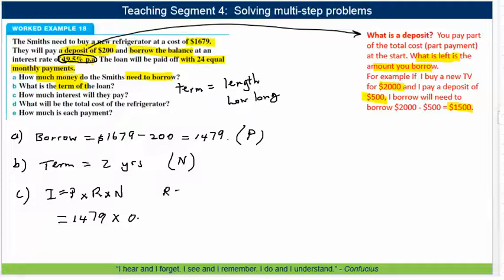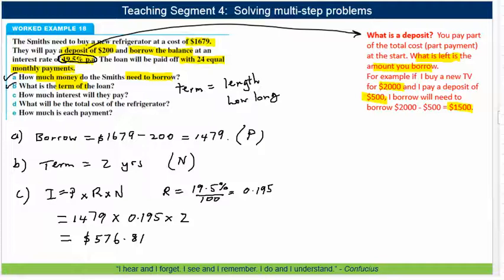So let me write that there. Should be 0.195. Then we times that by the number of years, 2. Then we go to our calculator to work that out. And there I get $576.81. So I'll just give it to the nearest cent.